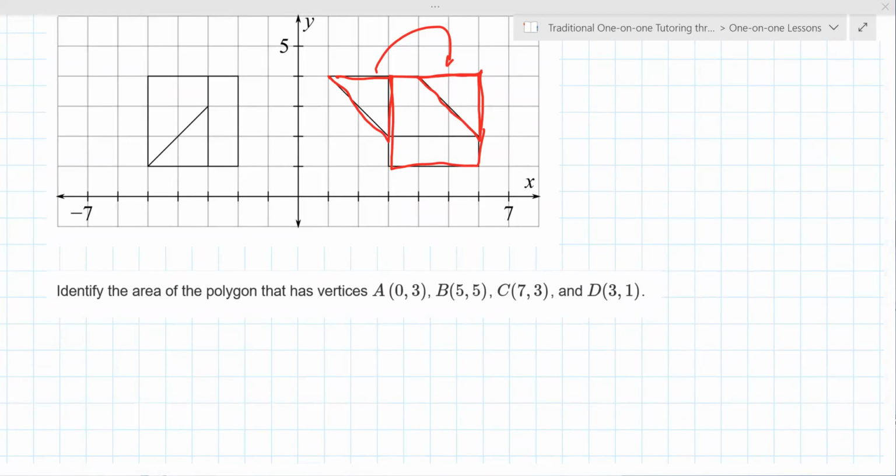Because what you need to be able to do is connect the dots, and then find the area of it. How are we going to do this? Okay, so let me snip this in.